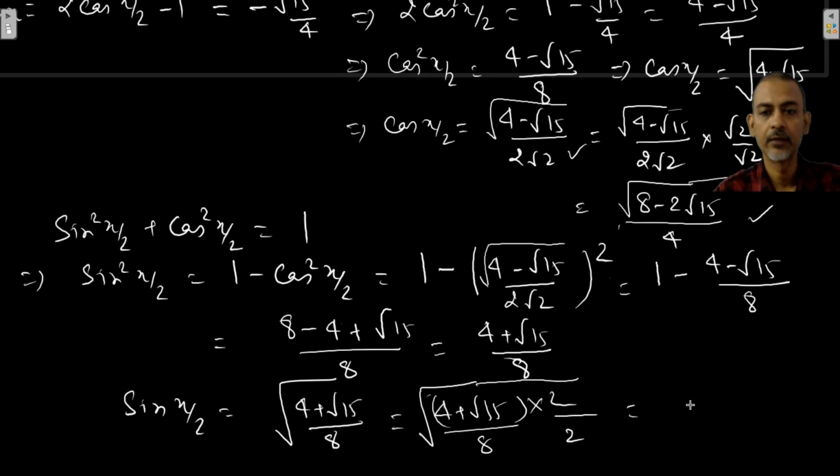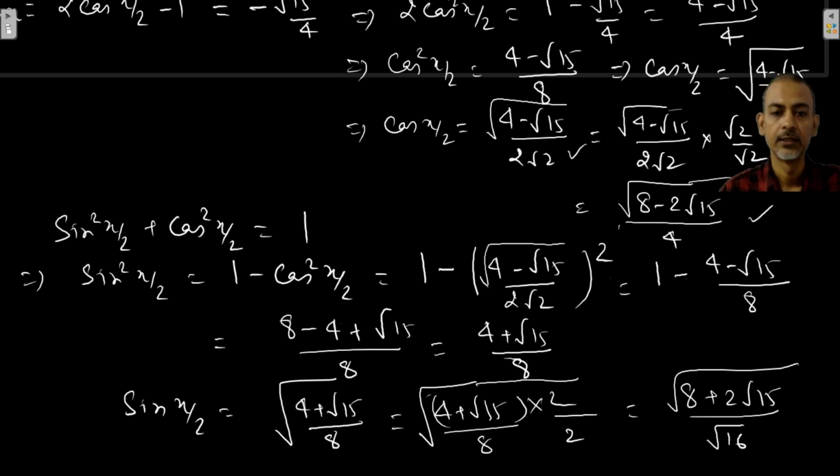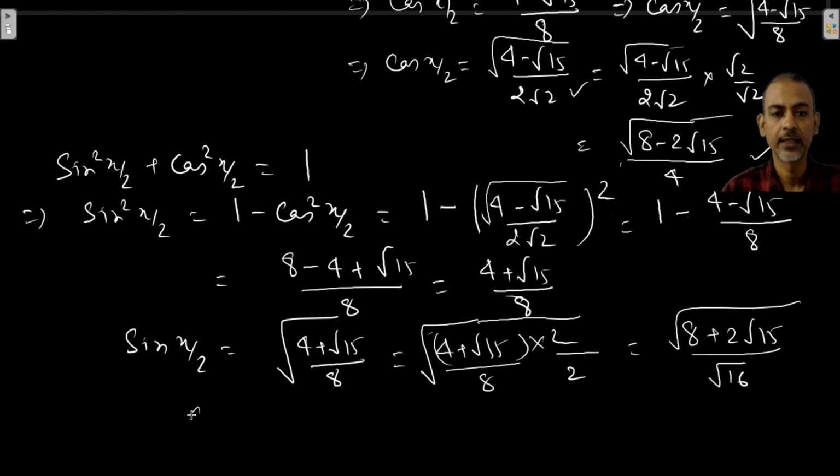Now this will become 8 plus 2 root 15 square root of that, and the bottom it will become root 16, right? So you can write it like sin x by 2 is nothing but square root of 8 plus 2 root 15 divided by 4, and then you can just put like this.